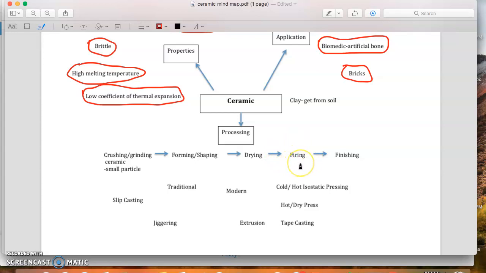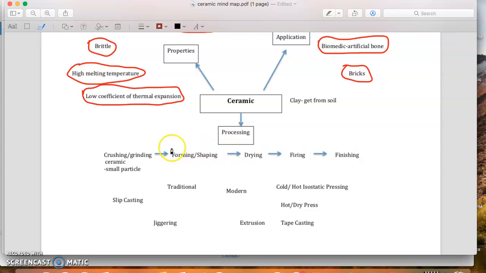Firing is used to create the bond between the particles so that we can increase the strength and hardness of the product. And then after that, we go for the finishing process, where we can machine or press to improve the surface or improve the dimension. Okay.